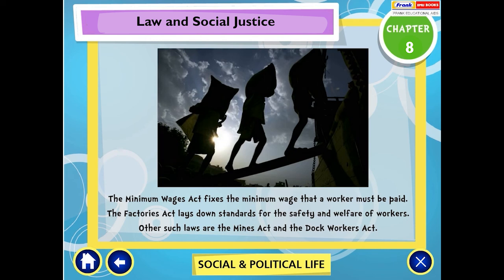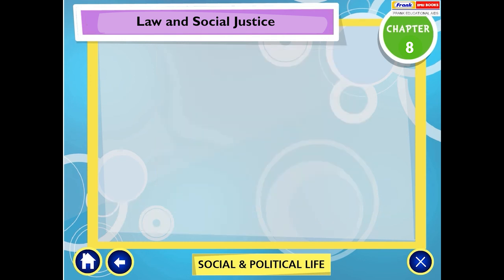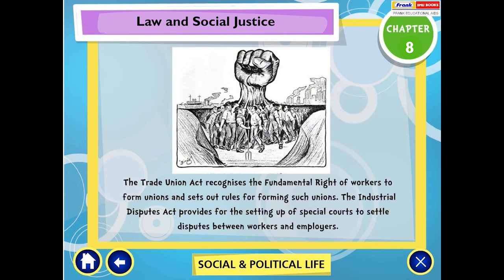The Minimum Wages Act fixes the minimum wage that a worker must be paid. The Factories Act lays down standards for the safety and welfare of workers. Other such laws are the Mines Act and the Dock Workers Act. The Trade Union Act recognizes the fundamental right of workers to form unions and sets out rules for forming such unions.